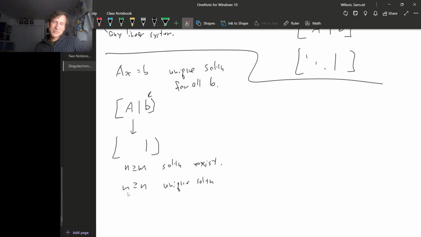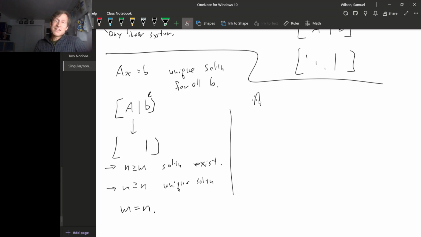This is because if you have too few rows, you're guaranteed to have a free variable, and then you won't have a unique solution. So for a solution to be guaranteed to exist, we need this. For a solution to be unique, we have to have that. So if solutions are guaranteed to exist and be unique, that means m has to be equal to n. In other words, our matrix is square.